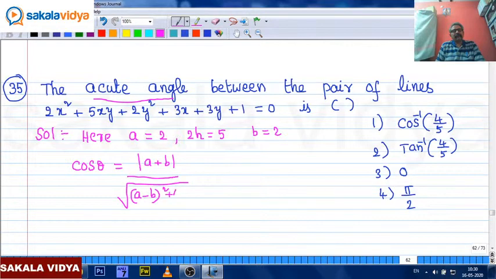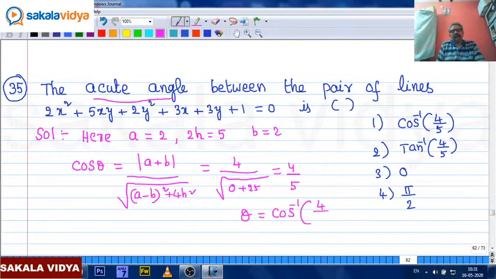So this equals to 2 plus 2 is 4 by root of a minus b whole square, 0 square 0. 4h square is nothing but 2h whole square, 25. That is 4 by 5. So theta equals to cos inverse of 4 by 5. This is the angle between the given pair of lines. So first option is the right option.